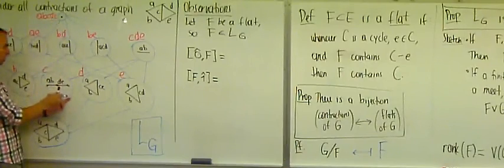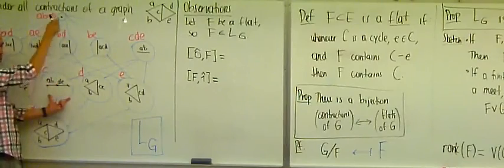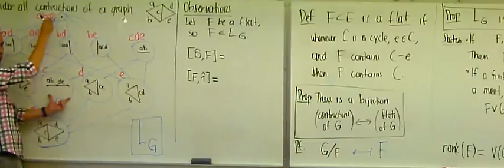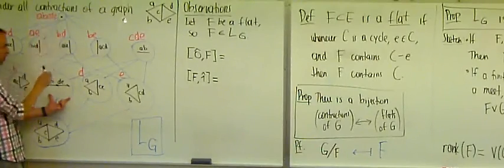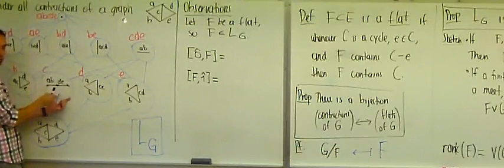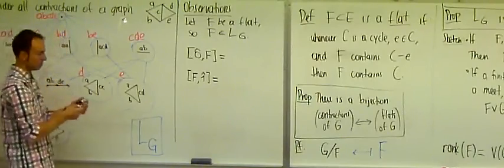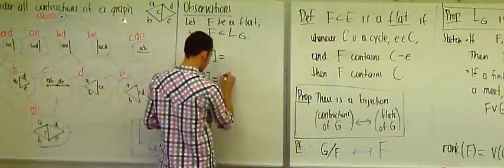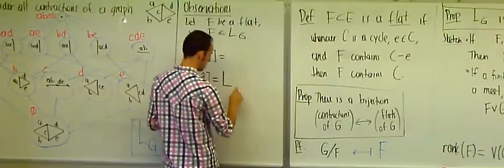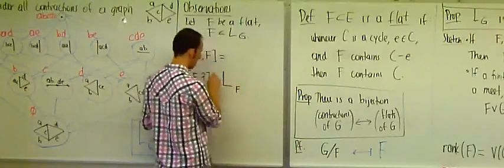So you look at starting here and then contracting in all possible ways to get to the empty graph. So what is that? It's just the lattice of flats, or the lattice of contractions of this graph. You start with that graph and then you contract in all possible ways. So this is just isomorphic to the lattice of contractions of the graph F.